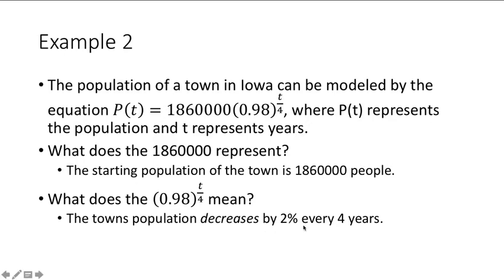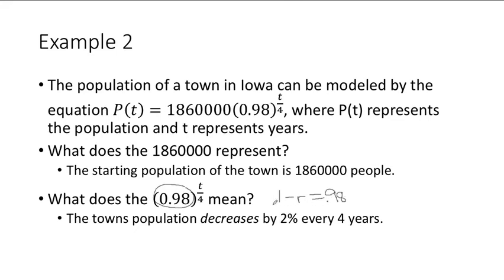So again, how did I figure out this 2% part? Well, if we're looking at the 0.98 here, I know that that's going to be my 1 minus r, since I already know that this is decay. 1 minus the r is going to equal 0.98.